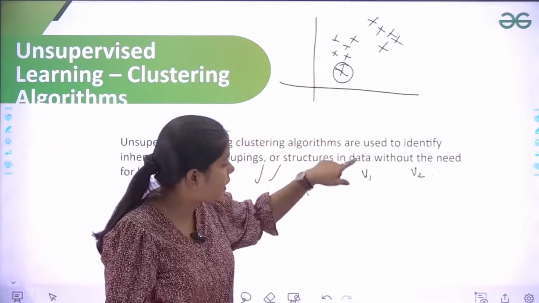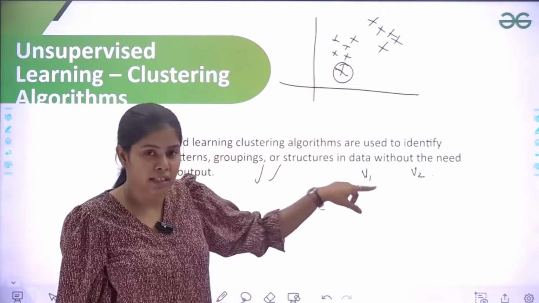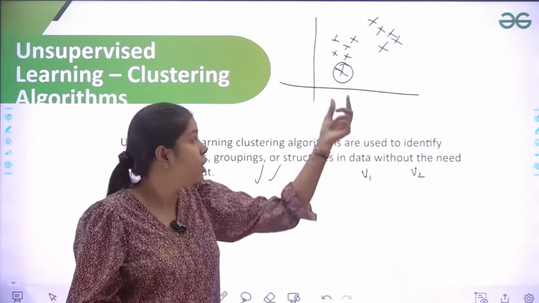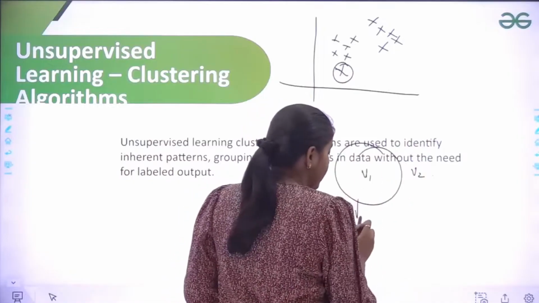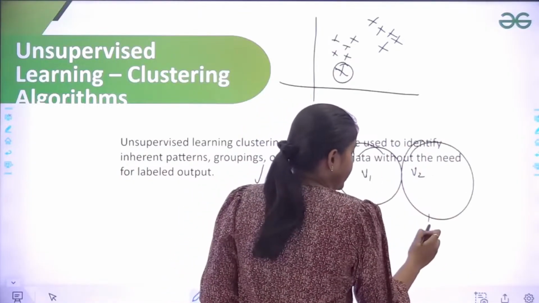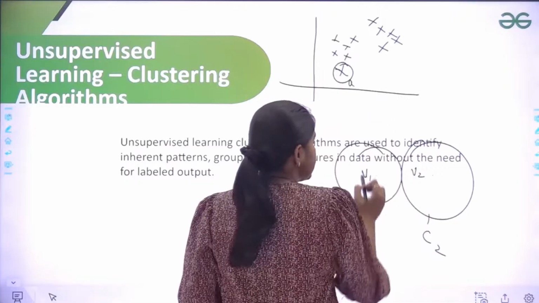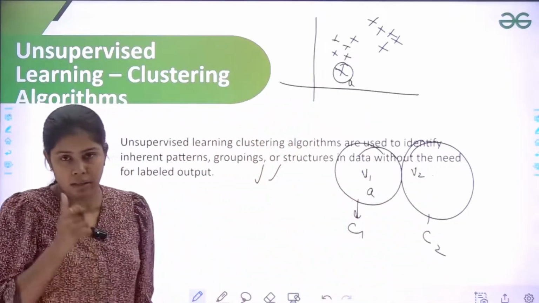That means the distance with v1 is less than the distance with v2, so this point goes to cluster 1, right? v1 comprises cluster c1 and v2 comprises cluster c2. So if I'm saying this point a, then point a goes to cluster 1.